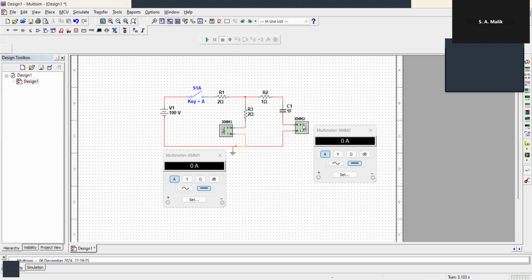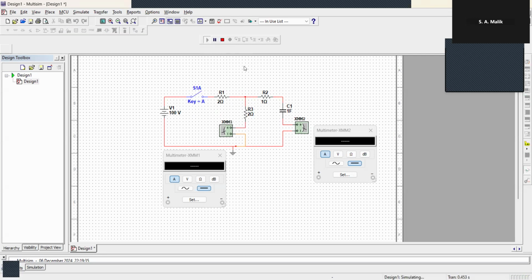As time increases towards 10 seconds, the capacitor current should drop to zero. And what should this current be? 2 plus 2, that is 4. So 100 divided by 4, that is 25 amperes. So the R3 resistor current should increase to 25 amperes, and the capacitor current should drop to zero after 10 seconds. Let's observe these points.